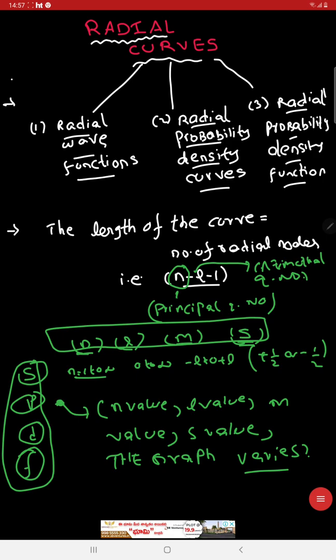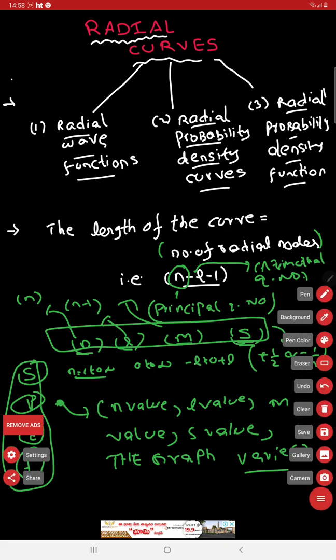I have told you this topic because the length of the curve depends upon the number of radial nodes, that is n minus l minus 1, and you need to know how each quantum number starts. So l goes up to n minus 1, m goes from minus l to plus l, n is the principal number, and s is either plus half or minus half. Okay, very good.